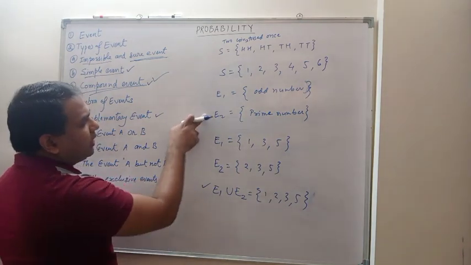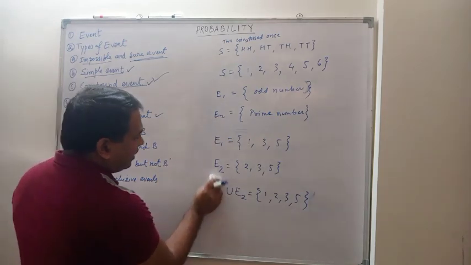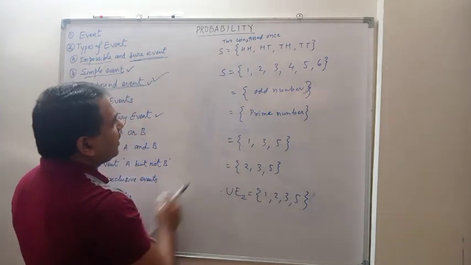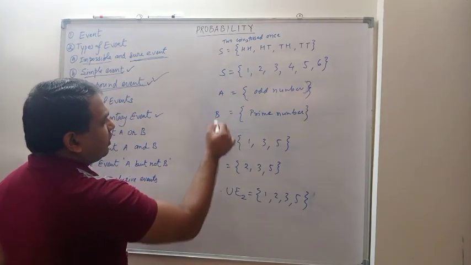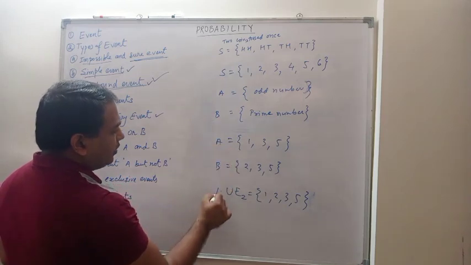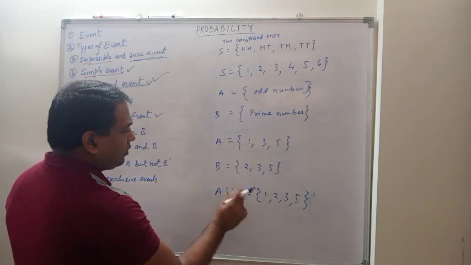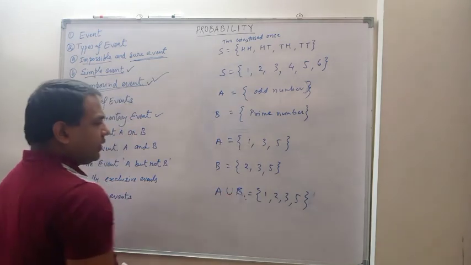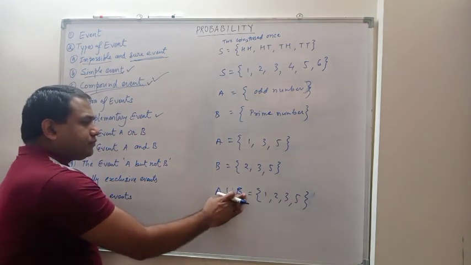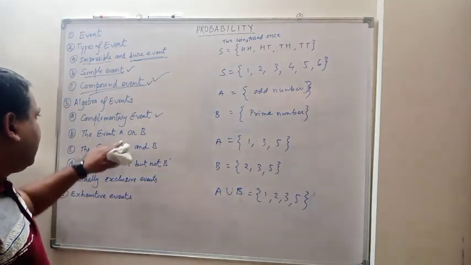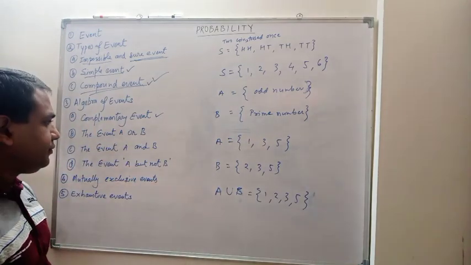This is our event A or B, or event E1 or E2. I have taken E1, E2 over here, but one can write it as A, B, which will be much better. So we are getting A or B over there.